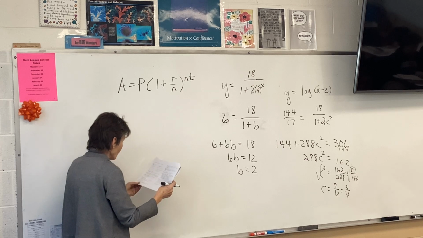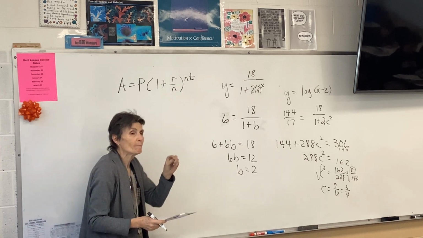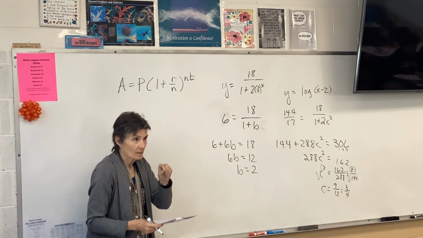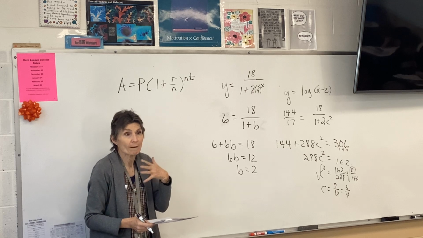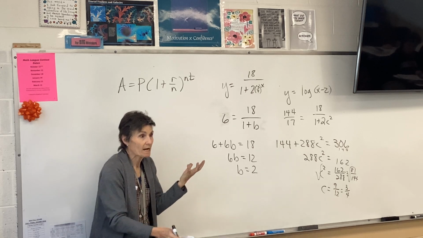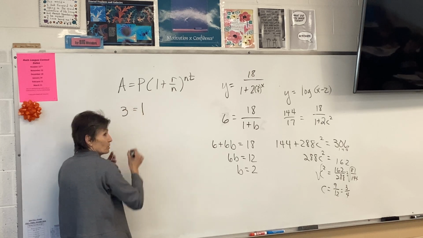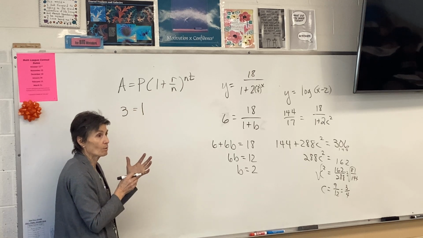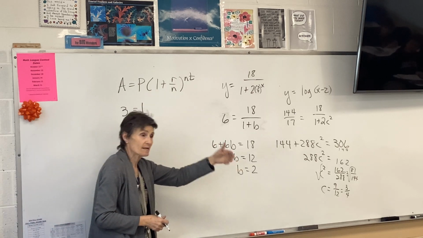Now, I want to triple my investment. Do I know what my investment is? No, A equals 3. I don't care what my investment is. I just know I'm going to end up with 3 times it. If you start with $1, you end up with $3. If you start with 25, end up with 75. If you start with X, end up with 3X.